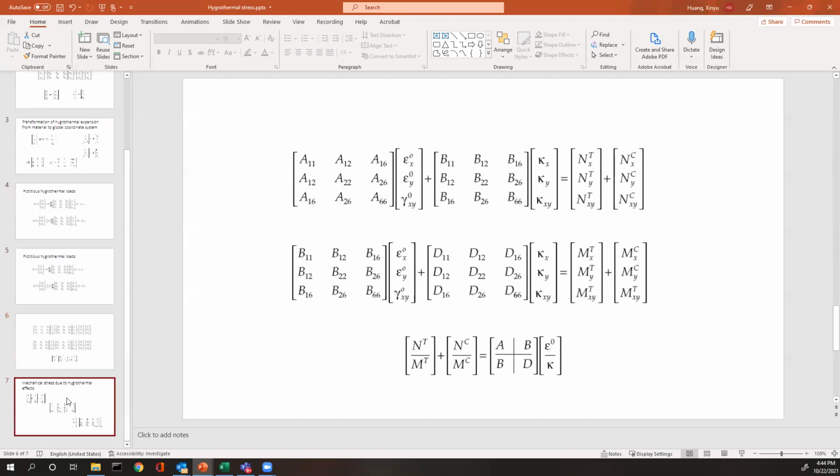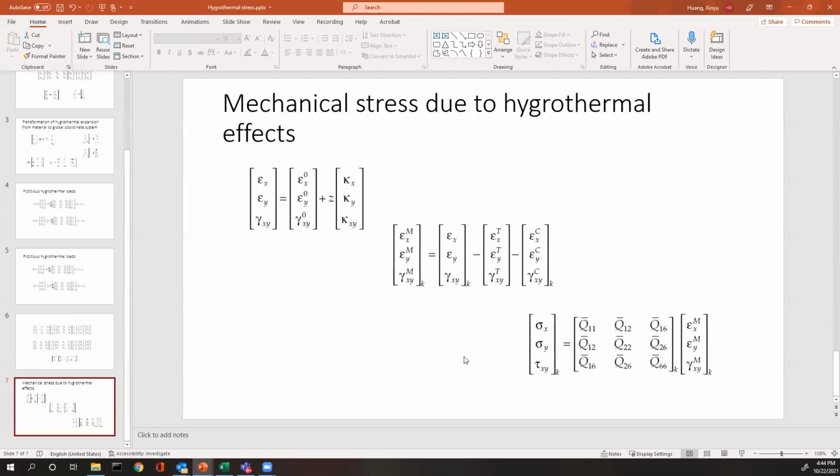And then you can use this calculated fictitious load-induced mid-plane stretching and curvature to calculate the strain in each layer using this equation. And that will be the total strain.